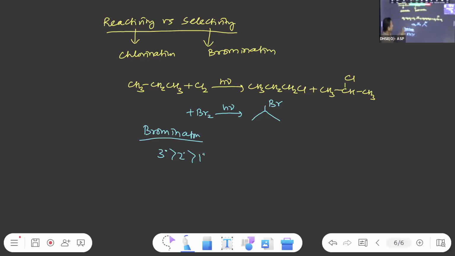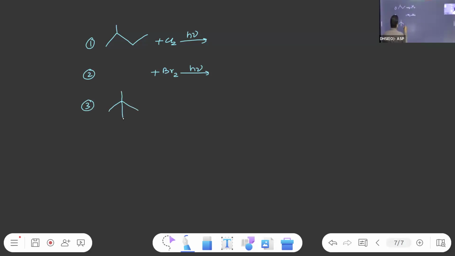Then we will see the questions. Write down some questions: 2-methylbutane chlorination and the same compound bromination. You have to write all possible products.